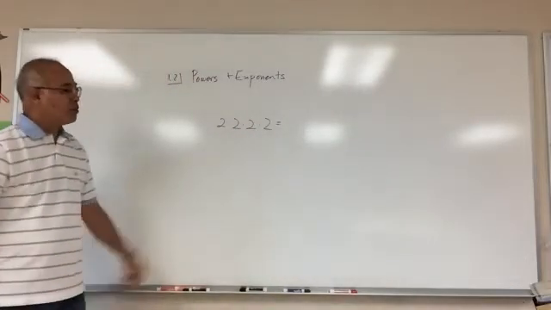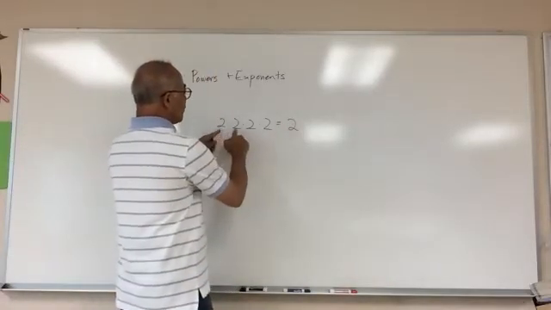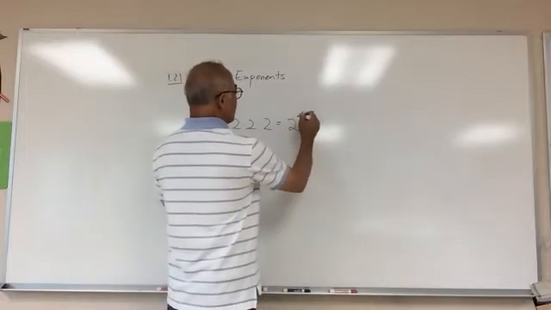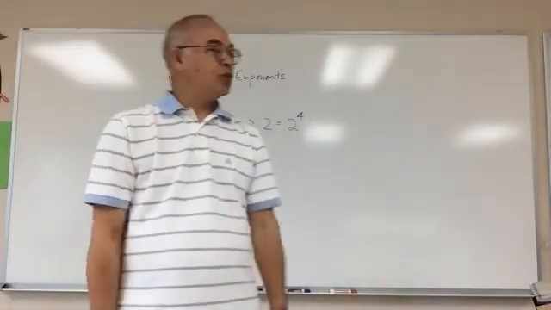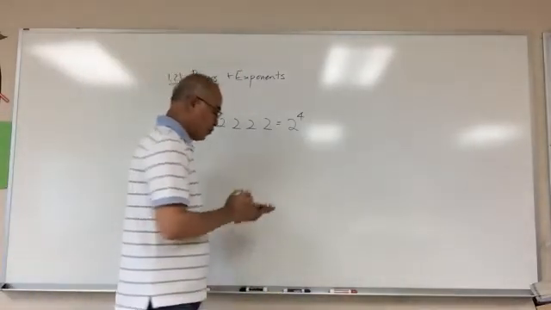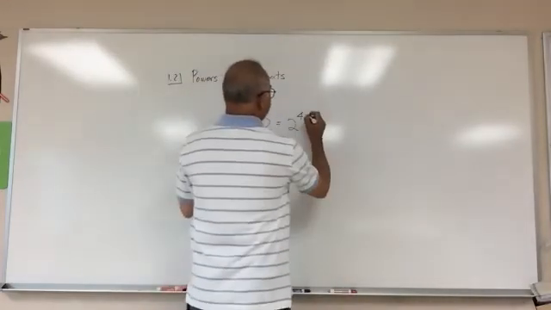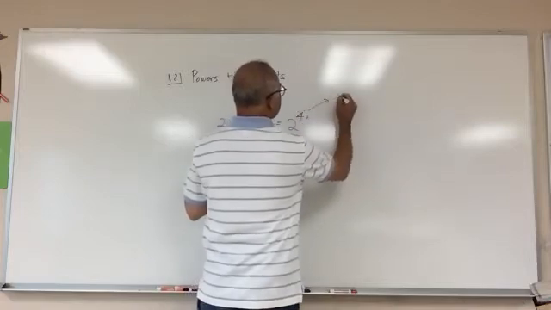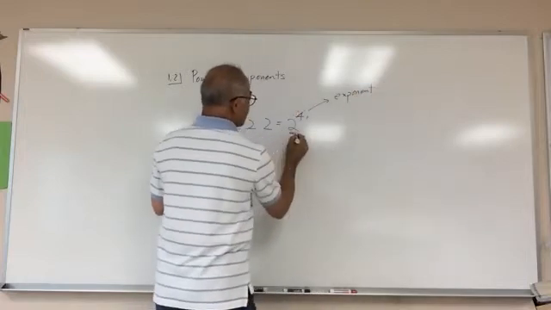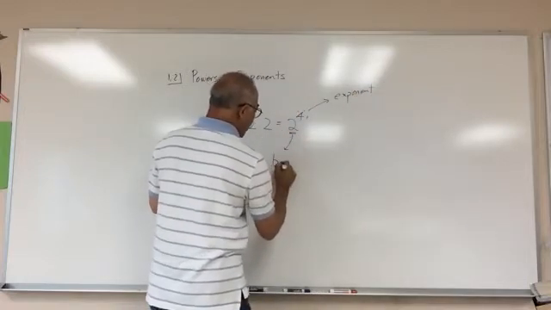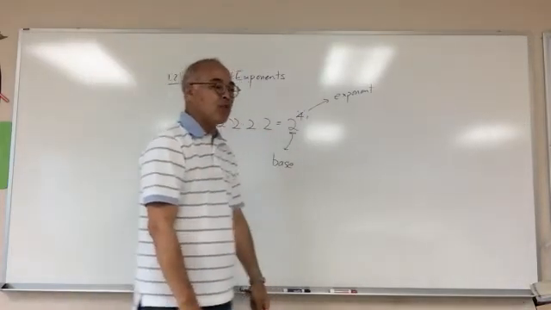We write this as 2 to the, there are 1, 2, 3, 4 of them, so it's 2 to the 4th power, where this number here is called the exponent. This number here is called the base. It is read as 2 to the 4th.